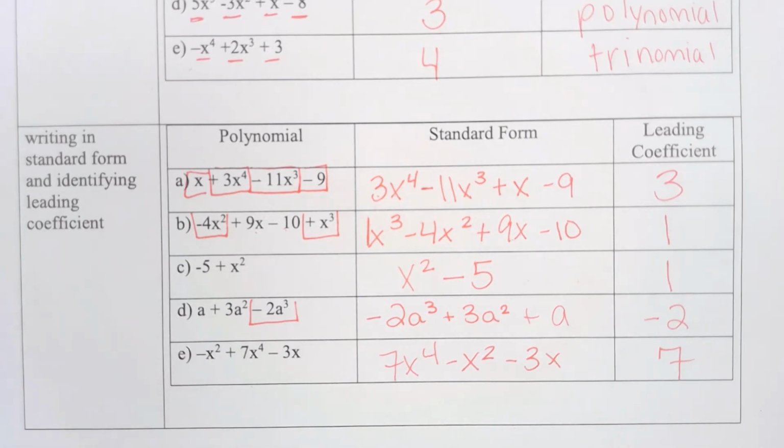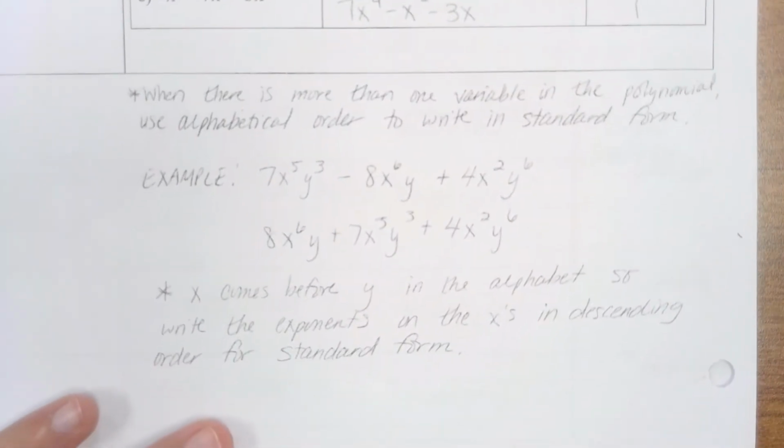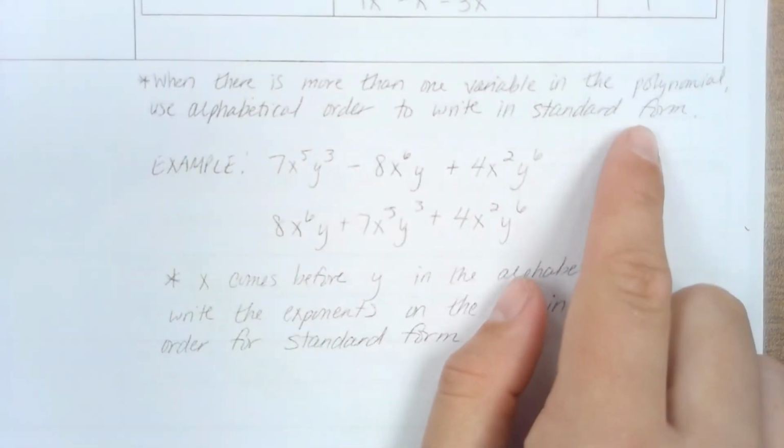And again, guys, I just want to point out one more thing that we talked about on the front side of notes. When there's more than one variable in the polynomial, remember you're going in alphabetical order to write it in standard form.